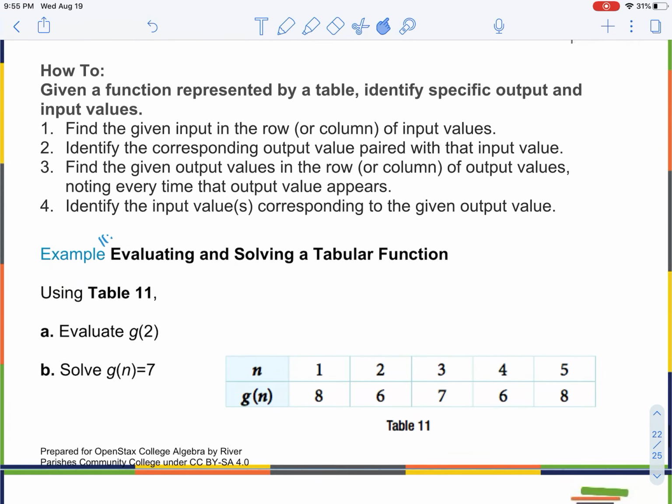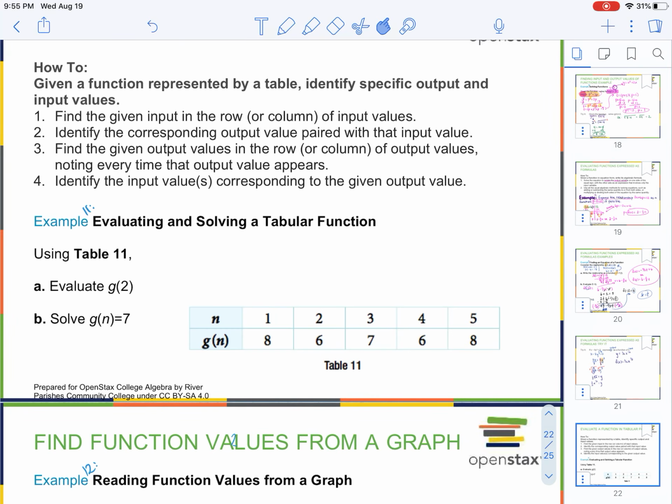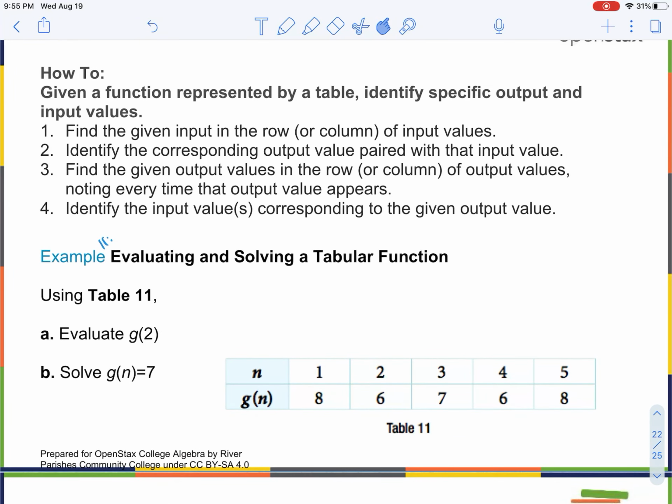All right. So going back to tables. It says, given a function represented by a table, identify specific output and input values. To do that, we find the given input in the row or the column of the input values and identify the corresponding output value paired with that input value.